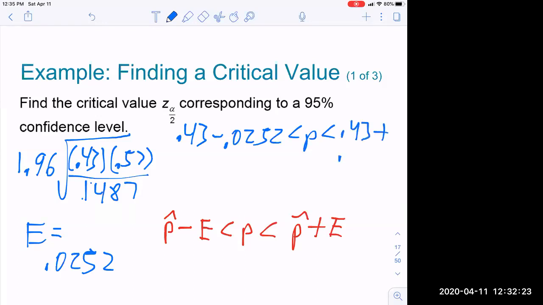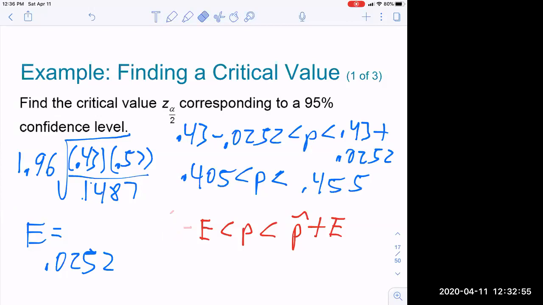Then add it. 0.405 is less than P, which is less than 0.555.